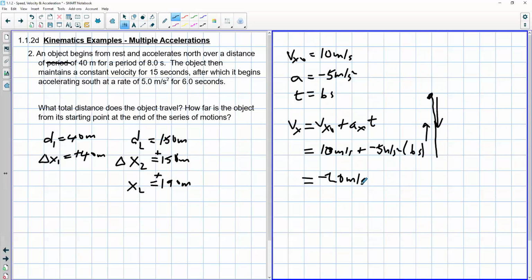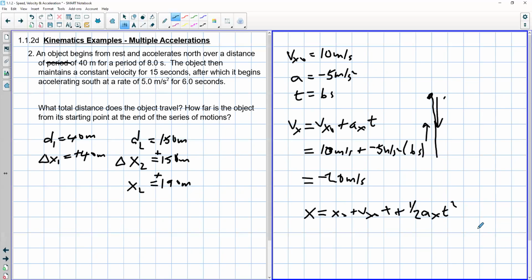All right, so if you want to calculate the distance traveled, this is going to be tricky because we need to calculate the distance that it traveled before it stopped, and then the distance it traveled after it stopped. Because if you use the position function, you have to notice that this position function is not going to give you the distance traveled.